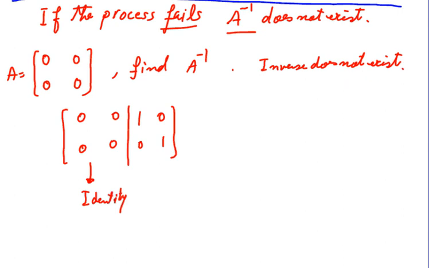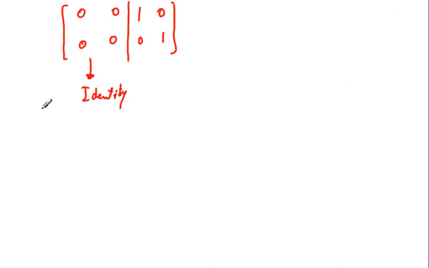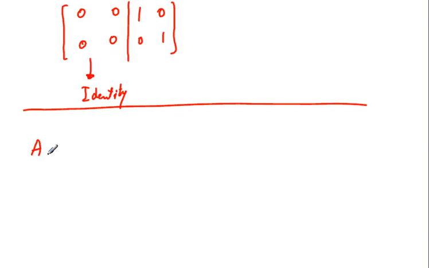Okay, so that wasn't so unexpected. But let's take another matrix. Suppose I take a matrix that is 1, 2, 3, 6. On the face of it, it doesn't look like that's a problematic situation. But let's see.